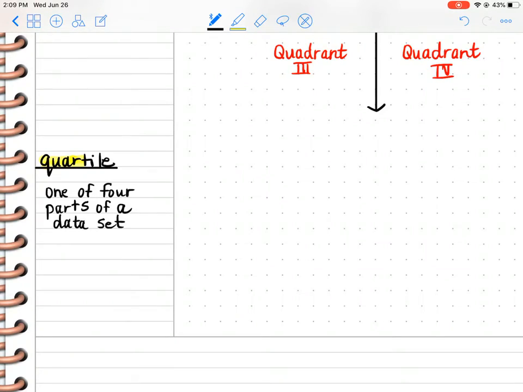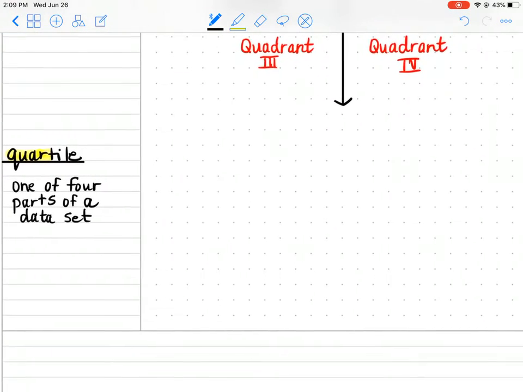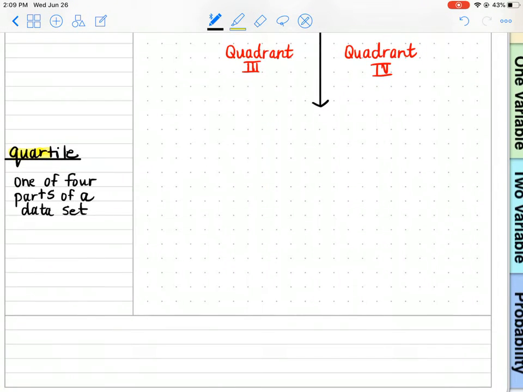And to illustrate this concept, I'm not going to give you data, but I am going to give you a line. Let's do just a visual representation of what a quartile is. So let's draw this line, and I'm going to mark it with some endpoints. Now the thing about quartiles, they don't have to be even. So I don't want you to think that these have to be even spaces. They could be, but they don't have to be.